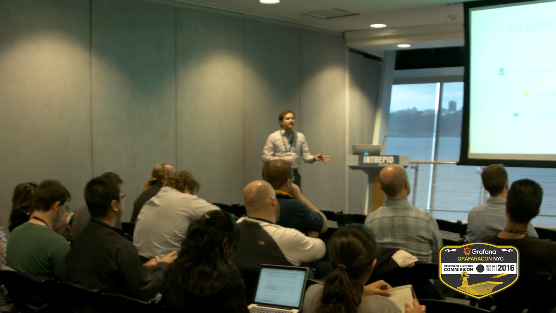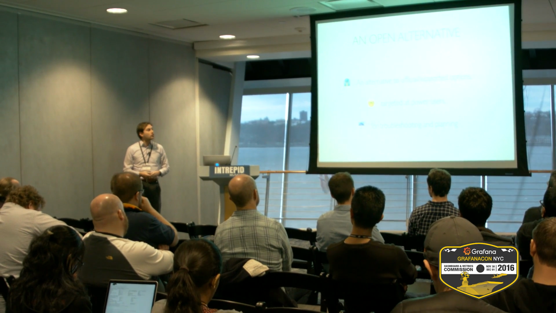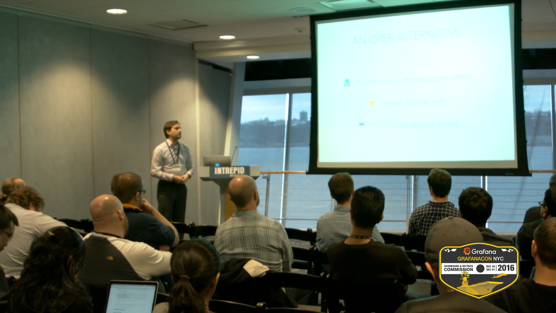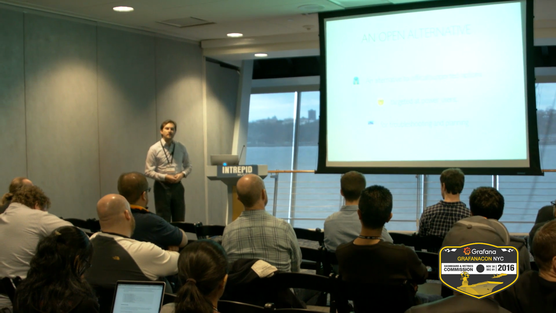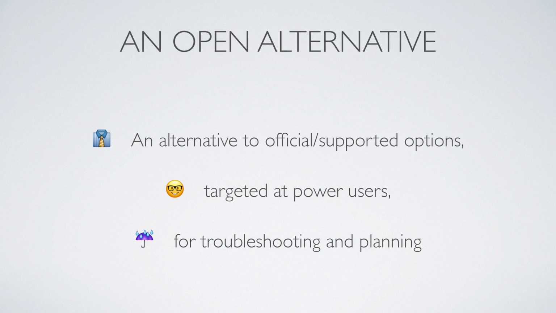So we needed something other than the supported products to let people look at the metrics that their filers were generating, because the supported solution is maybe too high level, and it presents you with basic information like IOPS, latency, capacity.